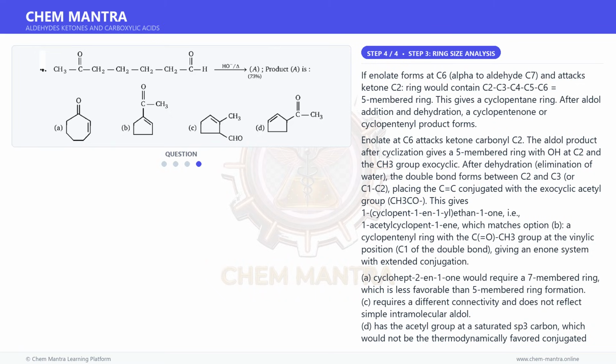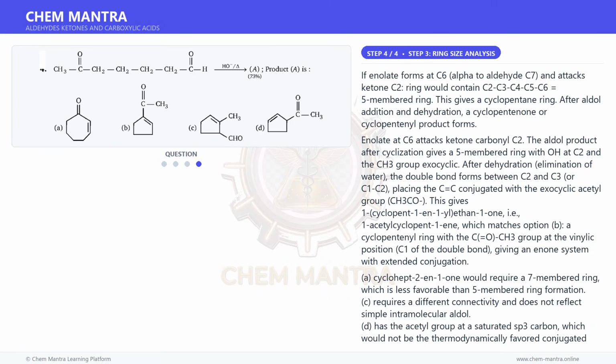A cyclohept-2-en-1-one would require a 7-membered ring, which is less favorable than 5-membered ring formation. C requires a different connectivity and does not reflect simple intramolecular aldol. D has the acetyl group at a saturated sp3 carbon, which would not be the thermodynamically favored conjugated product after dehydration.